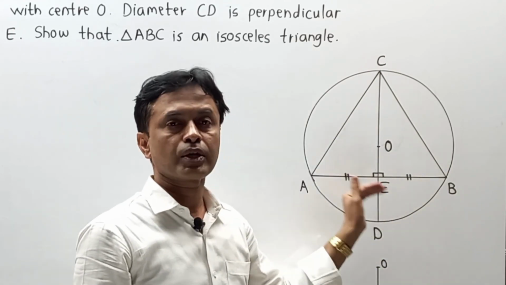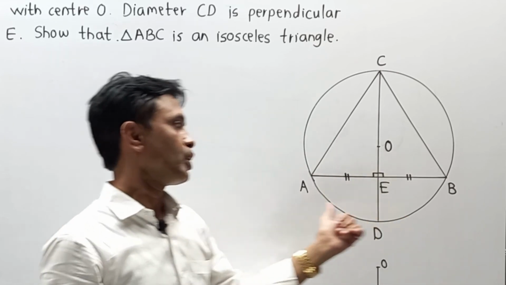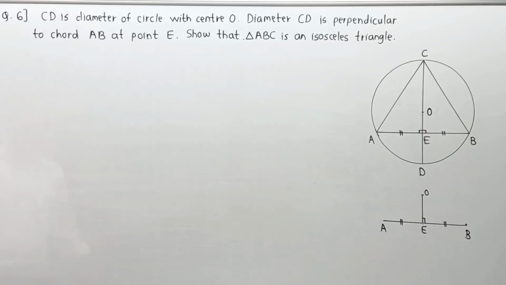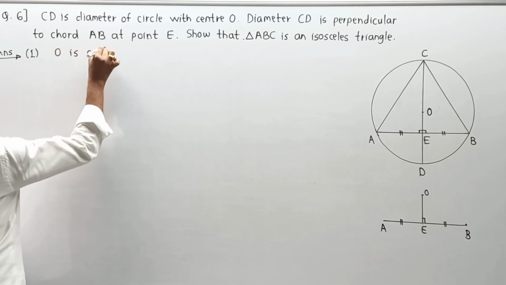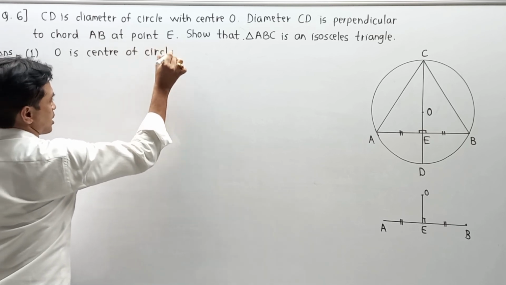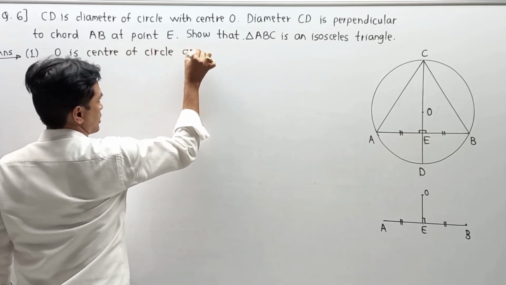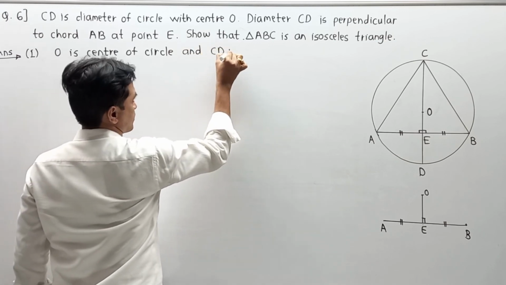Once again, whatever I have described over here, try to understand it in written form. So, coming to the answer. First, O is the center of the circle and CD is the diameter.